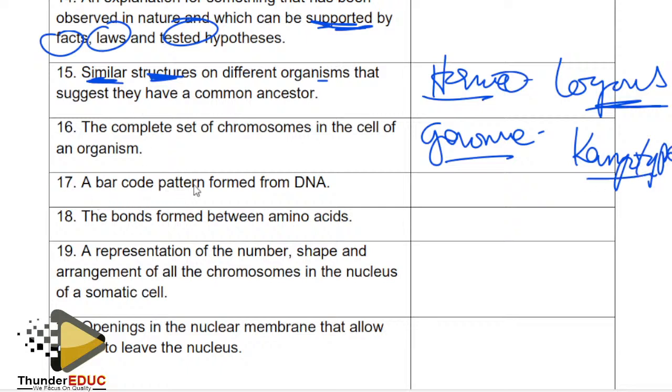A barcode pattern formed from DNA is a DNA profile. Then the bond formed between two amino acids. Guys, this bond is called a peptide bond. Please take note of this. We don't have a polypeptide bond. It's a peptide bond. If there are many bonds, we call them peptide bonds. We only add the word polypeptide if we are talking about a chain.